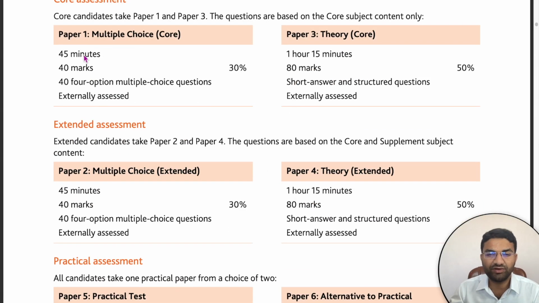Look at this one, papers 1 to 6. Paper 1 and paper 3 are for core students. Paper 1 is a multiple choice paper and paper 3 is a short answer structured question paper. For extended students, paper 2 is a multiple choice paper of 40 marks, and paper 4 is a short answer structured question paper of 80 marks.